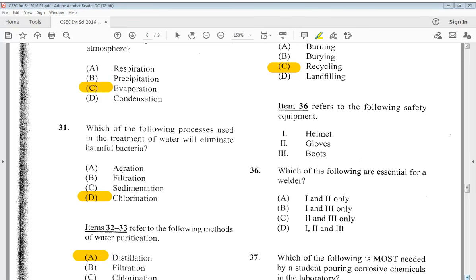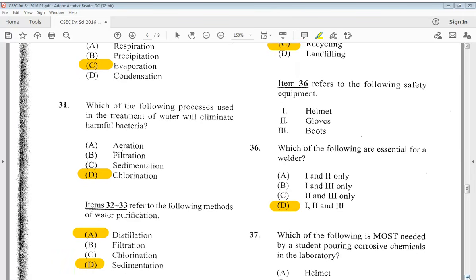We would say all of them are very important in him or her working as safely as possible. Those are his gear, the safety equipment needed, all three of them, in protecting the relevant organs or body parts, I should say.